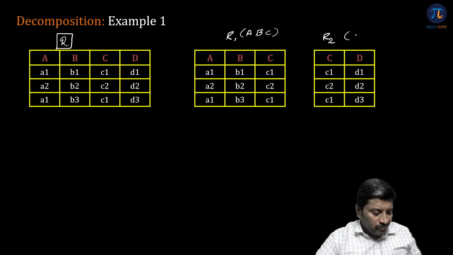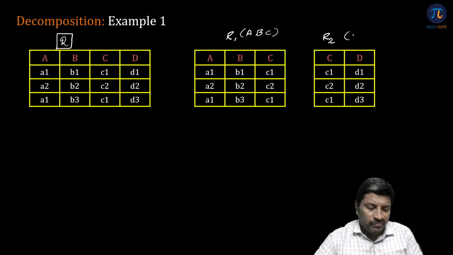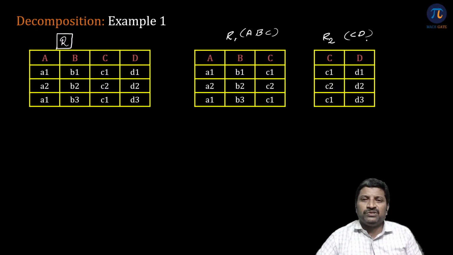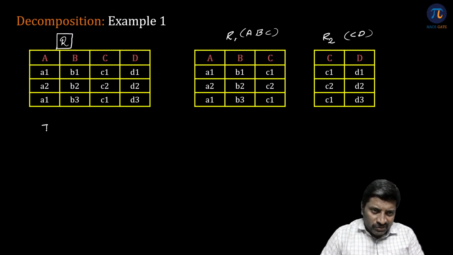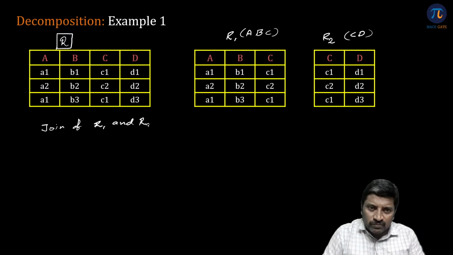Right? Then in relation R2, we have considered two attributes. Fine. Now what we do is we rejoin, that is, apply join of R1 comma R2.